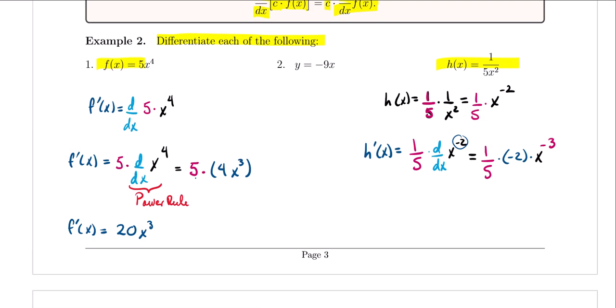Our final result is going to be h prime of x is equal to 1/5 times negative 2, which is negative 2/5 times x to the negative 3, which again, if you want to rewrite it with a positive exponent, gives us negative 2 over 5x cubed. And there we go. Now we got the derivative for the h function. All right, perfect.